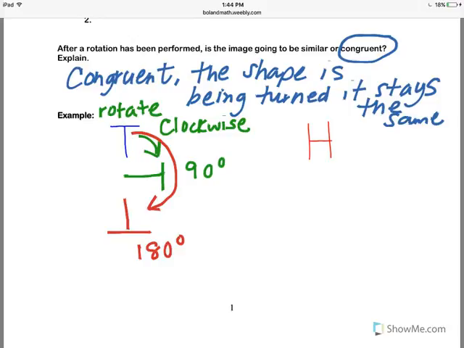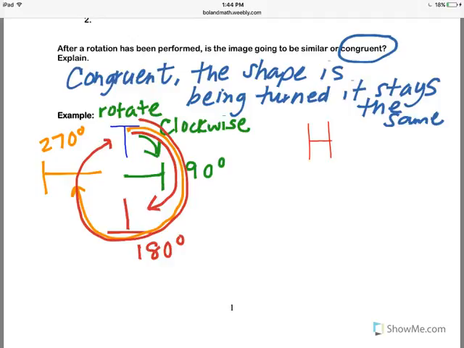Now from the original T, if we rotated it clockwise by 270, the T would be in this position. And then if we rotate it back to the point that it starts at, it would be 360.